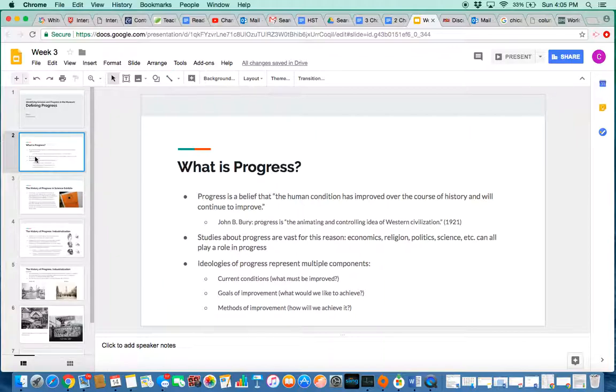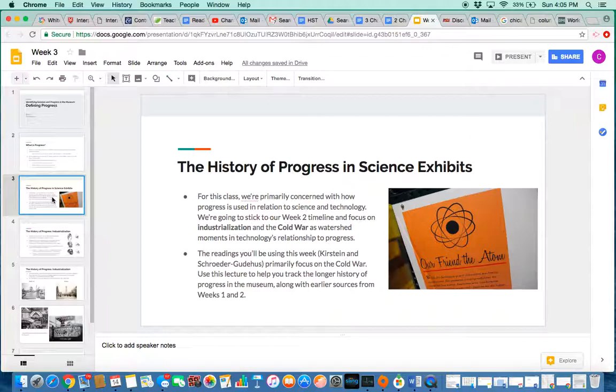So there's the method of improvement and whatever the end goal is that we have. So since we're primarily looking at science, right, and we are primarily looking at it from a museum based approach, we want to see how these narratives tend to play out in exhibits, which they tend to play out this way fairly often.